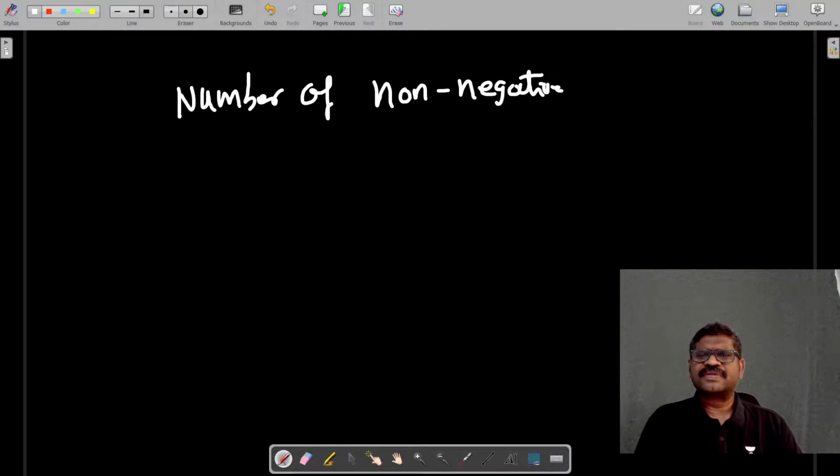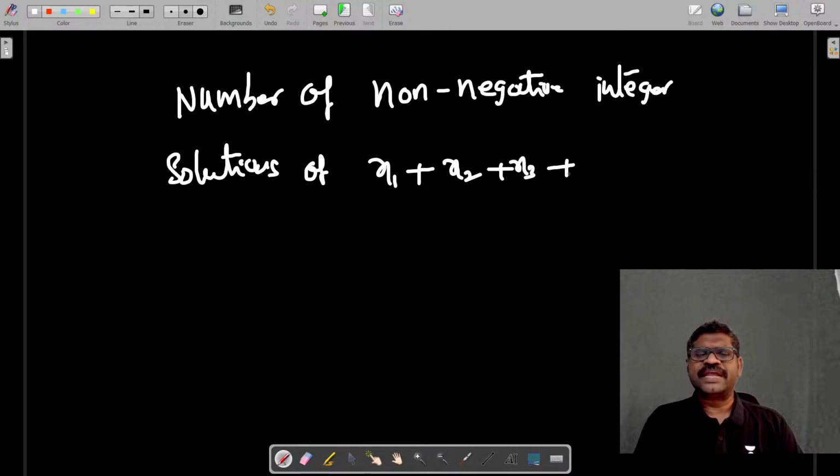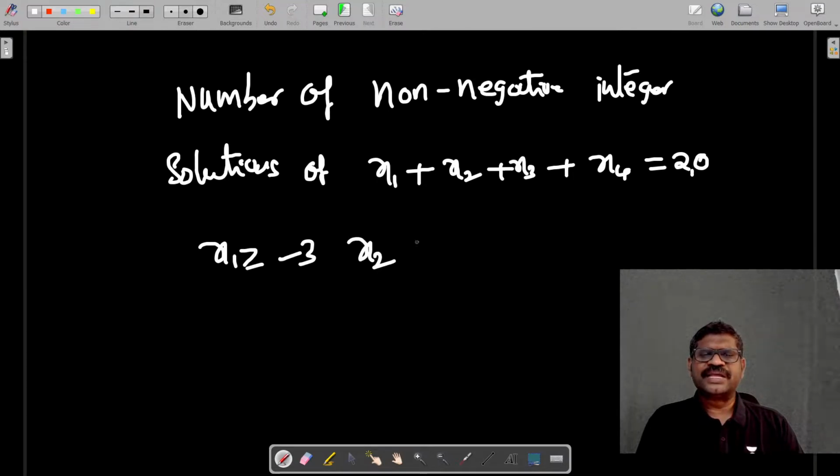Next problem, the number of non-negative integer solutions of x1 plus x2 plus x3 plus x4 equal to 20, where x1 greater than or equal to minus 3, x2 greater than or equal to 0, x3 greater than or equal to 0, x4 greater than or equal to 0.